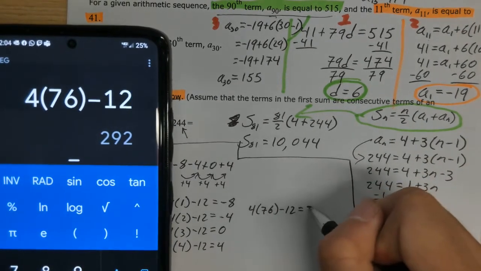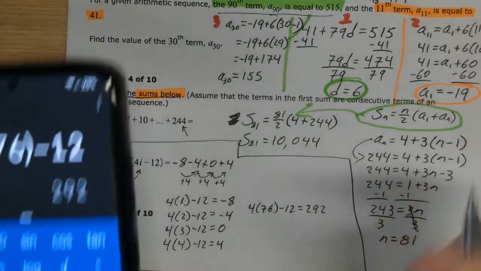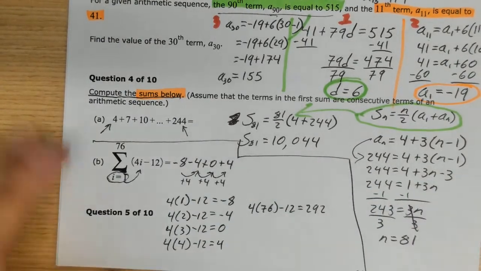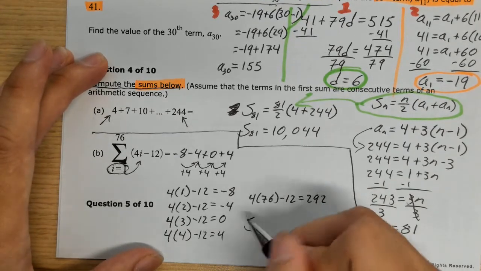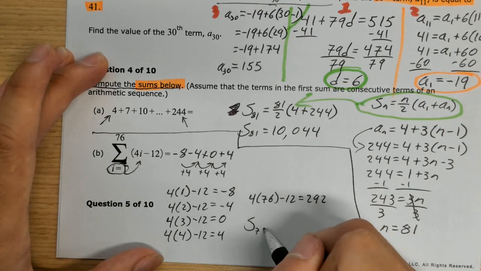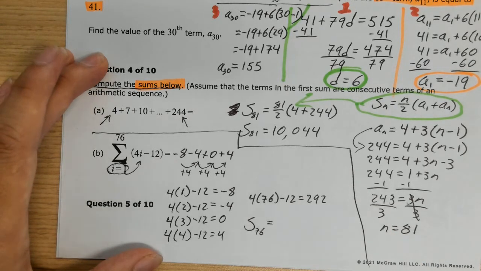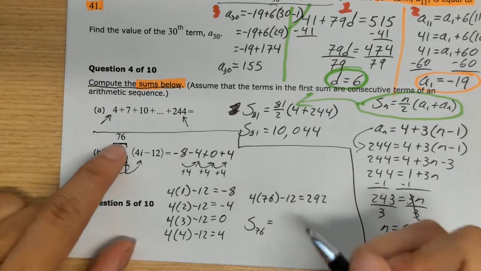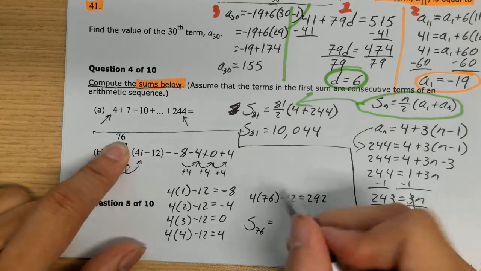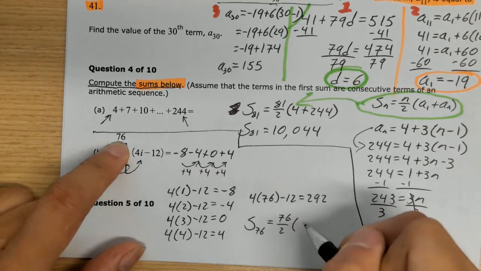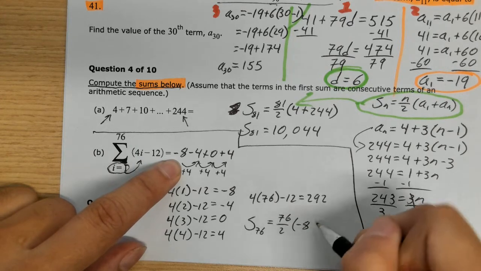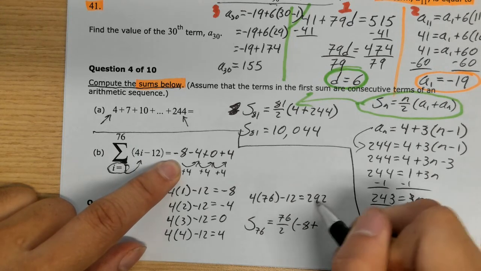Then you can plug everything into the equation. You're finding the sum up to the 76th term, so n is 76. So 76 divided by 2 times the first term, which is minus 8, plus the last term, which is 292.